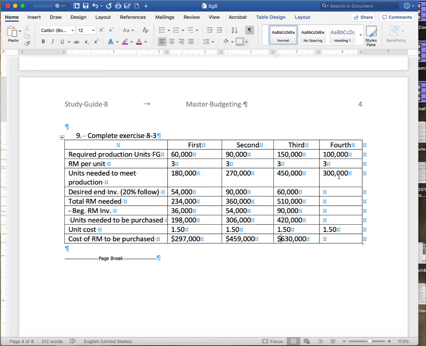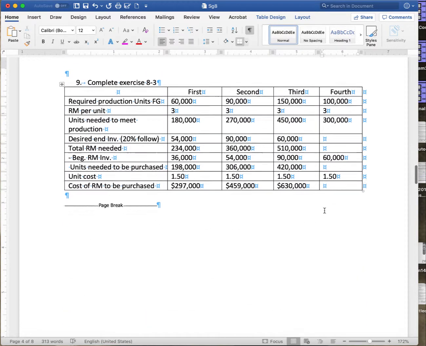Okay, the fourth quarter. Let's plug in what we already know. Units are beginning raw materials inventory. Well, if I ended the third quarter with 60,000 units of musk oil, guess what? I'm going to start the fourth quarter with 60,000 units.